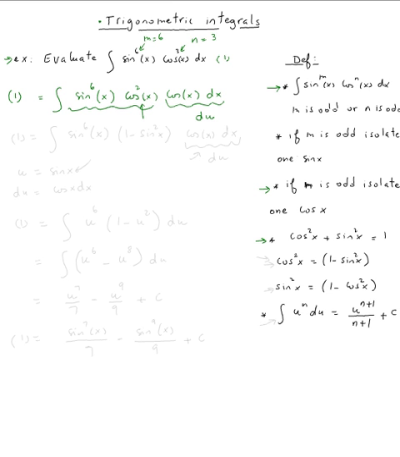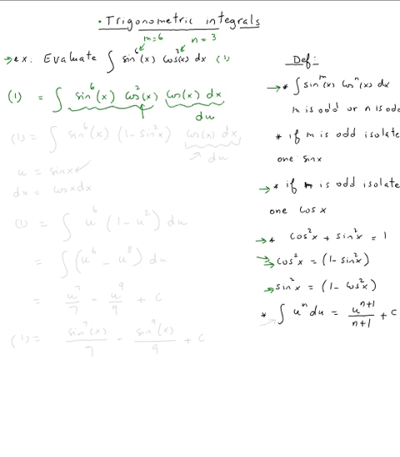We use this identity, cosine square plus sine square equals 1. In other words, we need to replace cosine square. Therefore, we have to use this one. If we need to replace sine square, then we use the other identity. Alright, so for cosine square, I'm using this.